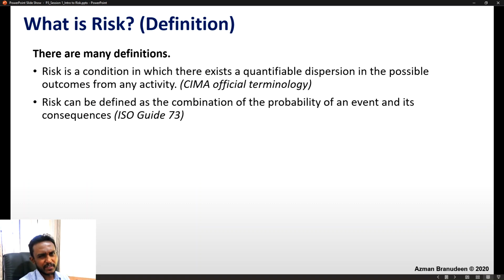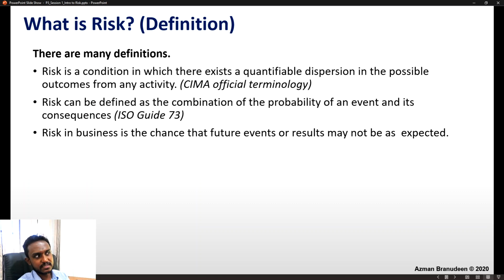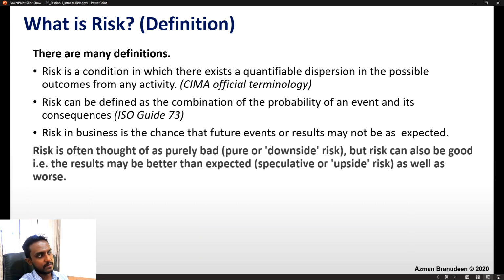So there are different definitions, but practically, if you try to simplify it, we would say that risk in business is the chance that future events or results may not be as expected.